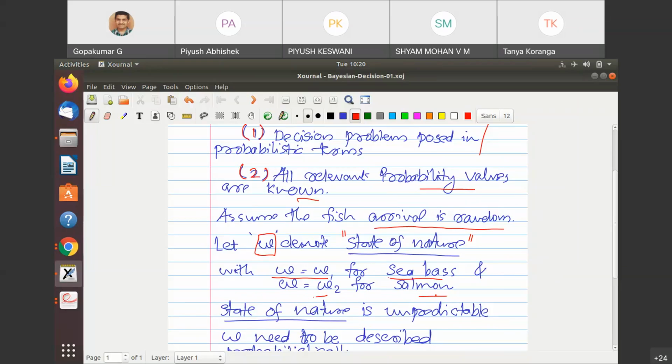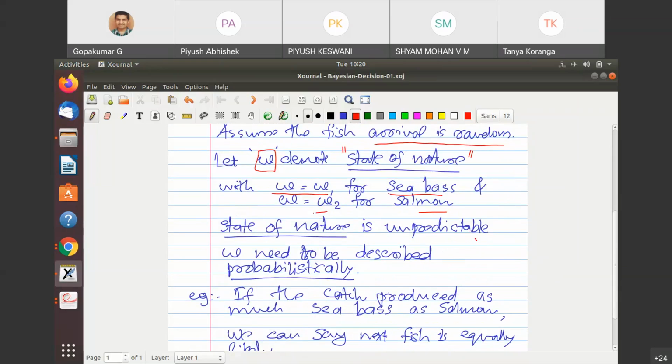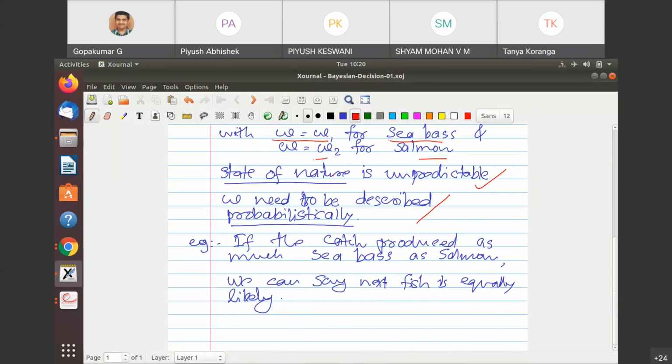We assume that the state of the nature is unpredictable, so we formulate it as a random variable, and W can be described probabilistically. Suppose the catch produces as much sea bass as salmon, then we can say that the chance of W1 or W2 occurring is equally likely.